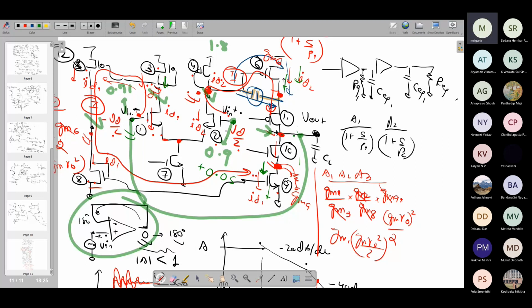The moment you apply a step change, 0.9 at this gate to 0.95, you are going to have a larger small signal current flowing through the M2 and hence through M4, hence through M6, and as compared to the current in M9, the current flowing from the upper branch to the output is higher. Therefore, the output voltage will go up till the point these two voltages become exactly the same and the small signal currents cancel out each other. Is that clear?